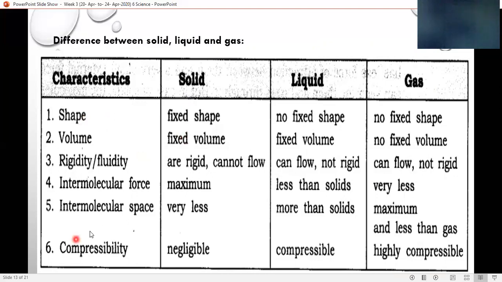Similarly, compressibility and intermolecular spaces, meaning the spaces between the tiny particles. In solids there are very few spaces, in liquids there are more than in solids, and in gases there are the maximum spaces. You can easily differentiate between solid, liquid, and gases. It is very important, so you have to learn this table by heart.